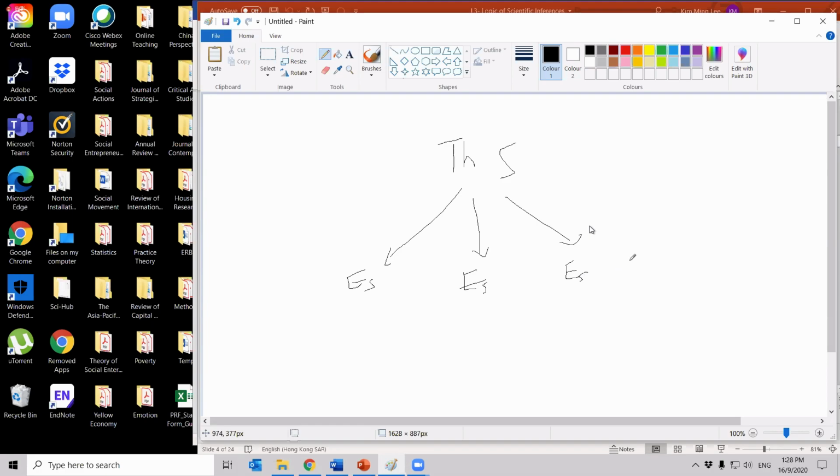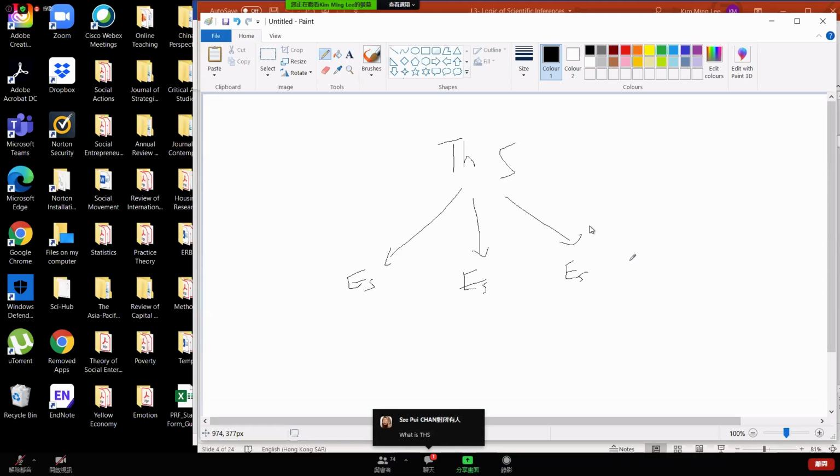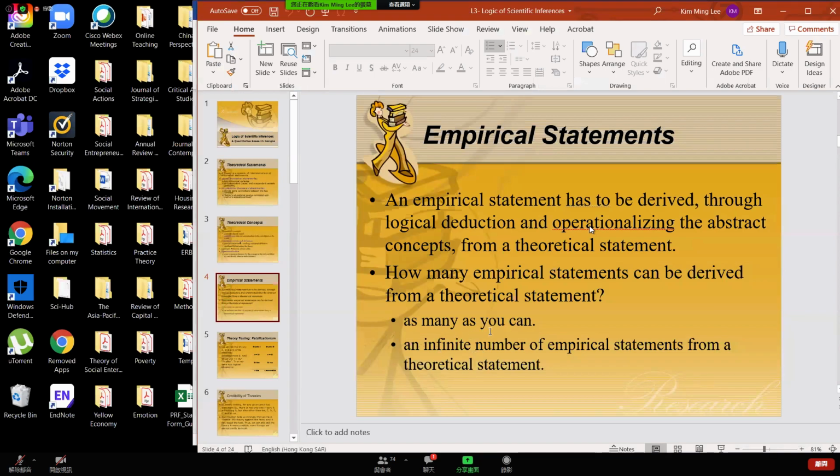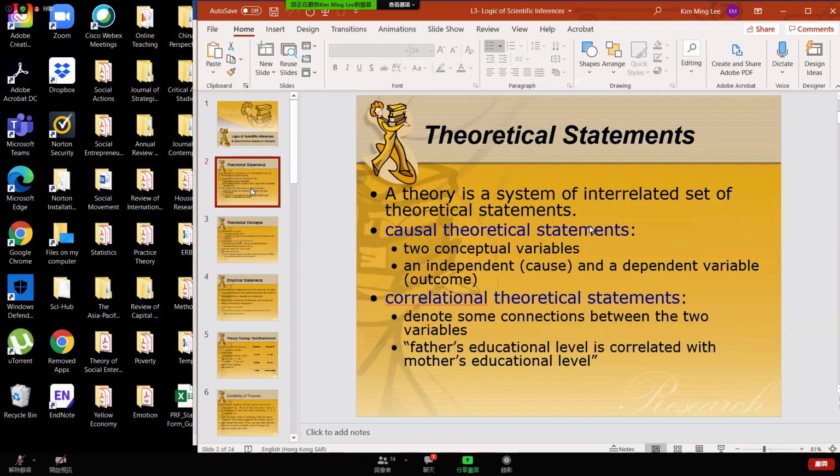We construct one or two, because we try to choose the most appropriate, the most feasible empirical statement. So as I mentioned at the very beginning, a theoretical statement involves two concepts, the independent variable and dependent variable, and how they are correlated. They are actually a kind of theory. So theoretical statements are the components of a theory.